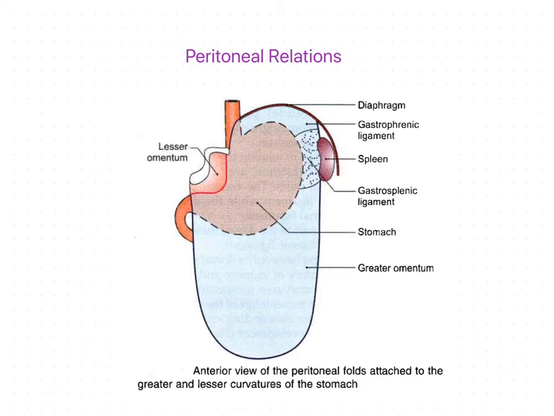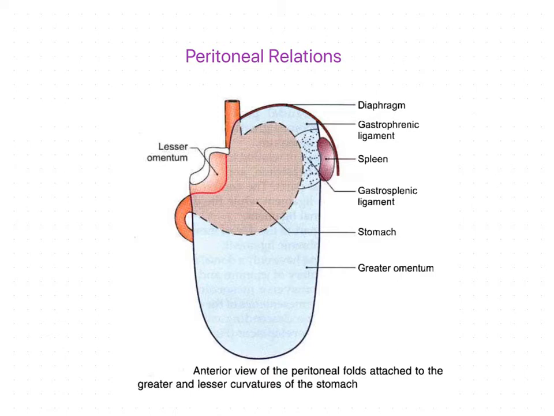This peritoneum consists of two layers, the visceral and parietal layers, and in some parts of the peritoneum, both the parietal and visceral layers come into contact. Such folds are given different names like omentum and ligaments, isn't it? So what are such peritoneal folds which are related to the stomach?